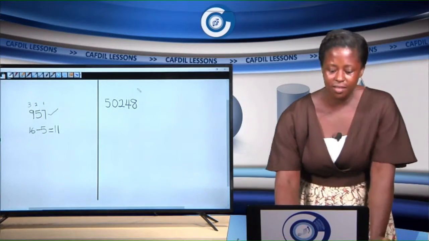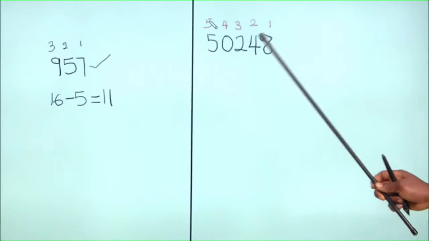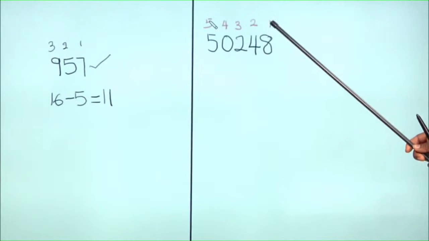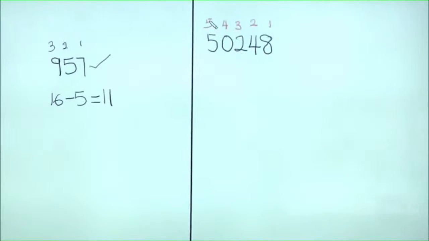So this is first, this is second, we have third digit, fourth digit, and the fifth digit. So we have first, second, third, fourth, and fifth. Alright, now we're going to add all the digits in the odd places.